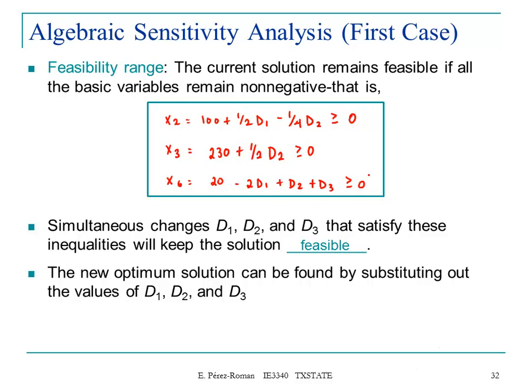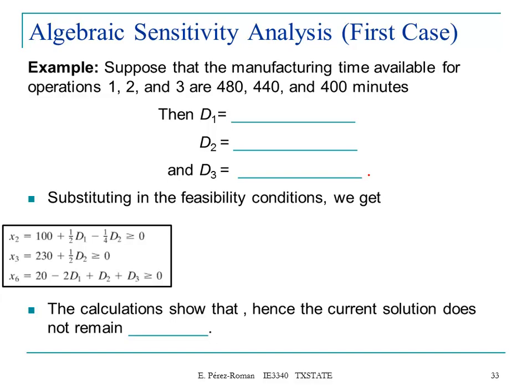The new optimal solution can be found by substituting the values of d1, d2, and d3. So I have an example next. Suppose that the manufacturing time available for operations 1, 2, and 3 are 480, 440, and 400 minutes.